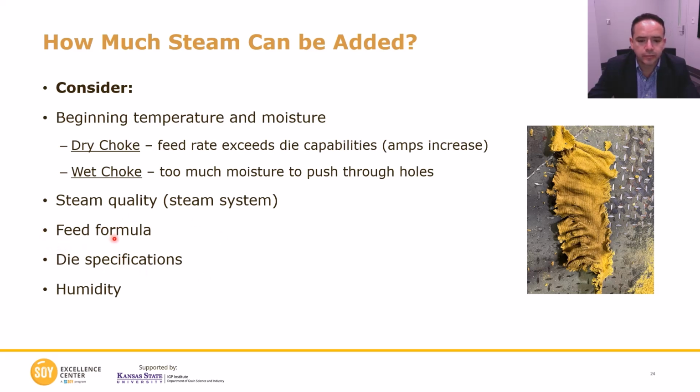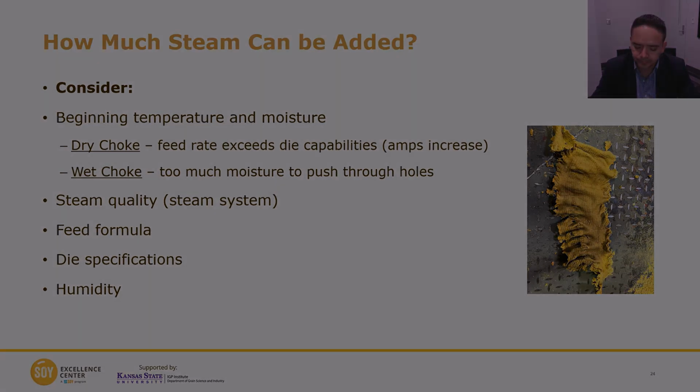There are some formulas that are not going to take as much steam before they create a roll slip, so you need to know that. Die specification also influences how much steam. In my experience, thinner dies or dies with a lower compression ratio are going to accept more steam. And also the humidity.